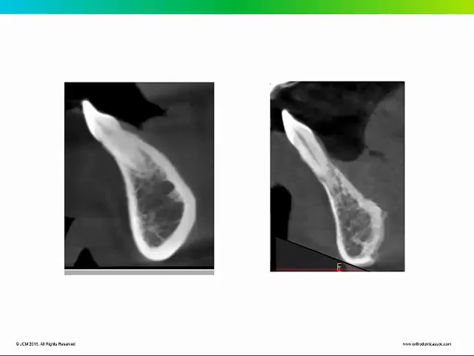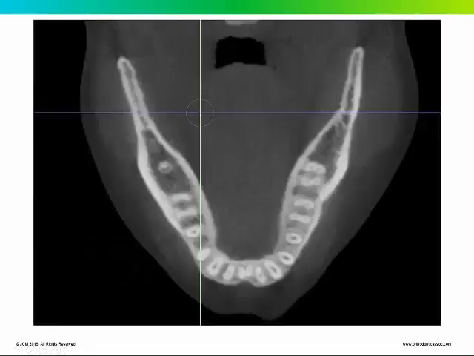Here we have two patients, these are lower central incisors, and you can see the alveolar housings are quite different. The one on the left is much more robust than the patient on the right. Same thing from an axial view. Here's a patient with minor crowding of the lower incisors.